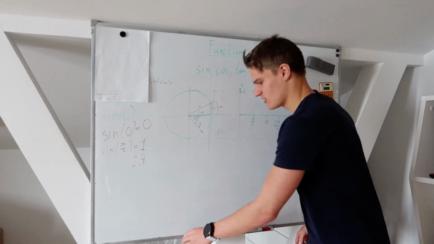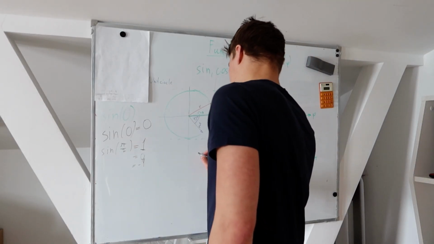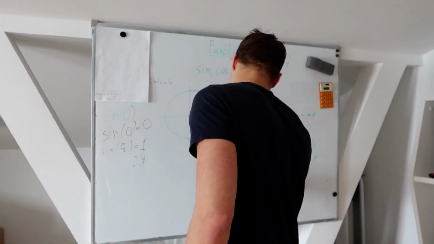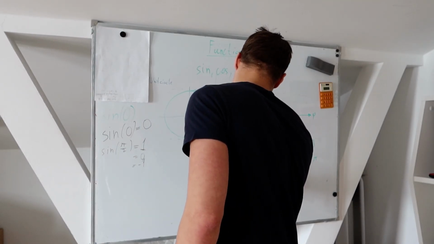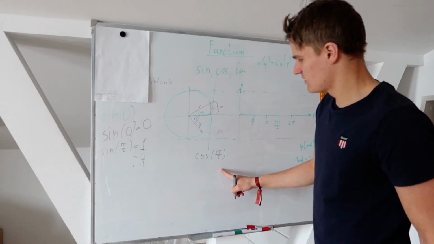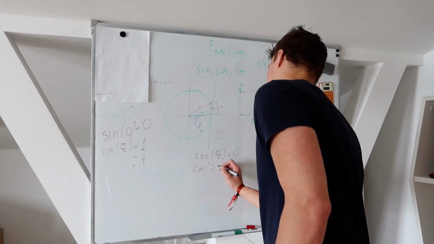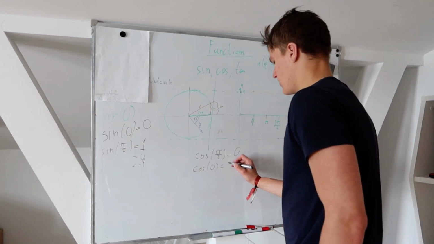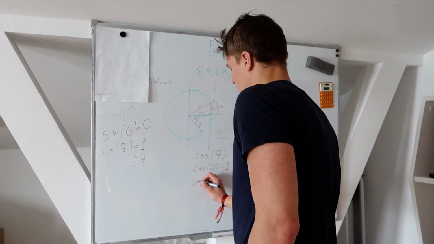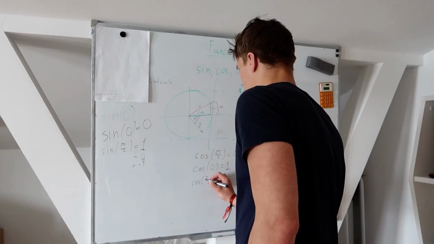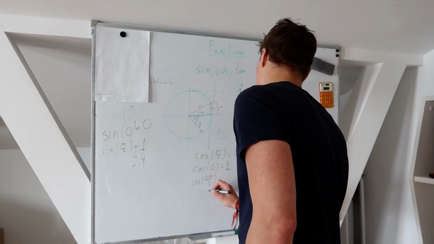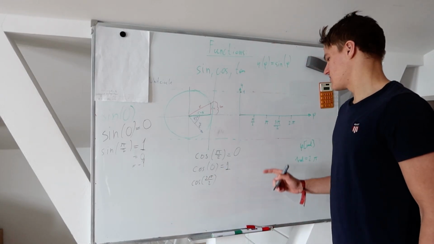First, let's have a look at cosine. Cosine of pi over 2 is 0, right? Let's start with cosine of 0 though, which is 1. Let's continue with cosine of 3 pi over 2, which is here.